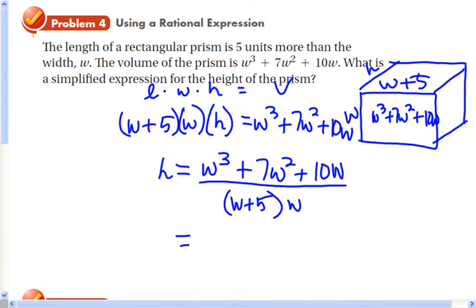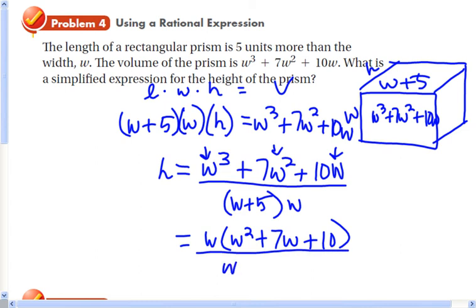Now, if we factor our numerator here, you can see there's a common factor of w, so we can factor that w times w squared plus 7w plus 10. And so that w can cancel.